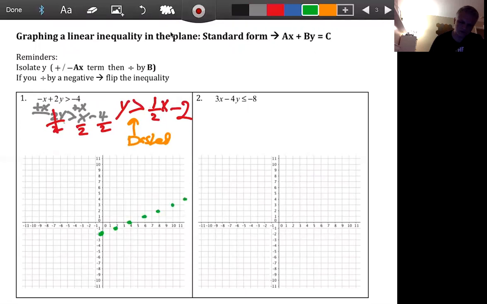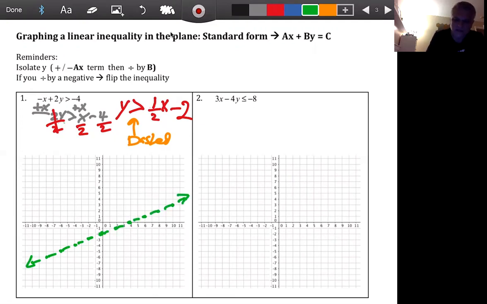All you need to do is a couple of these on your Alex, and then it'll connect the dots for you. Now, we said this is a dashed line, so make sure it's dashed. There is a tool on Alex to make sure that it's a dashed line.